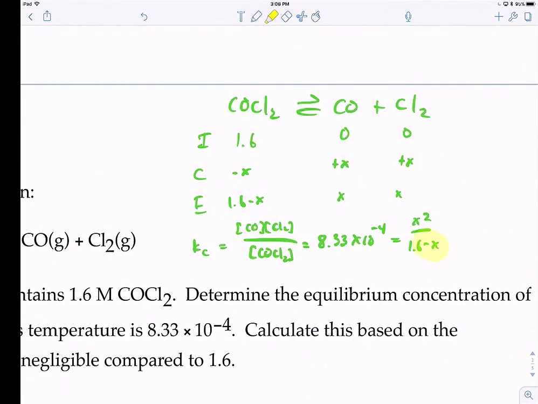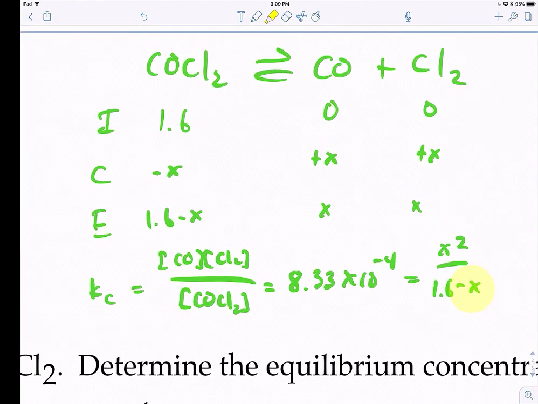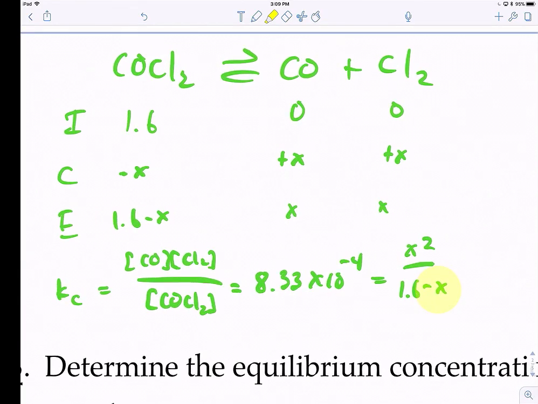So as indicated, you can disregard that x. I guess you can't see that as well. I shouldn't have picked green.